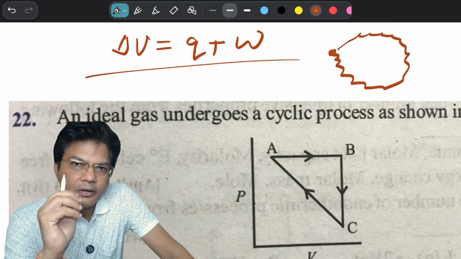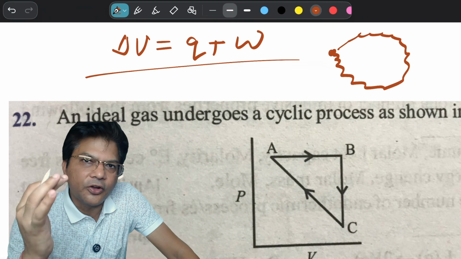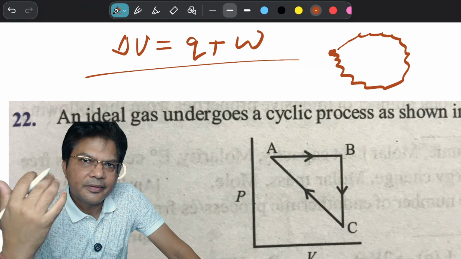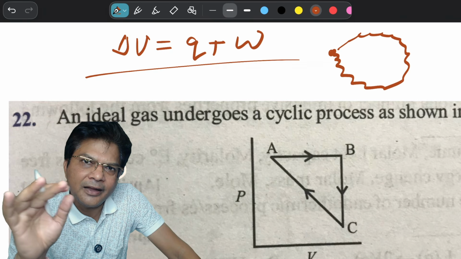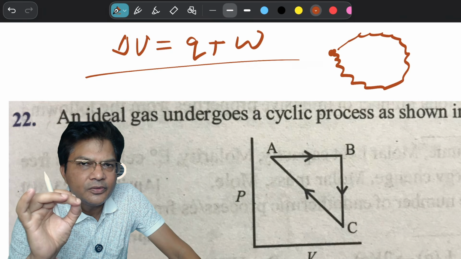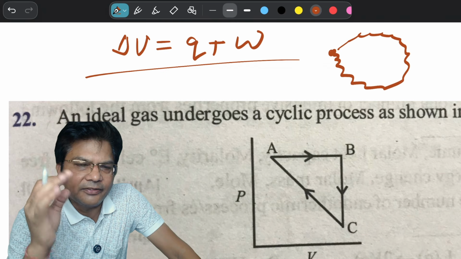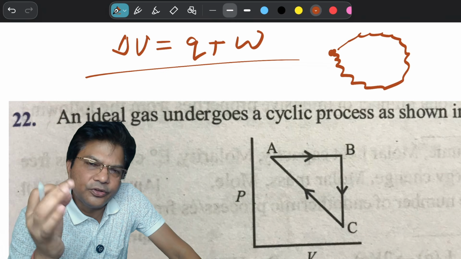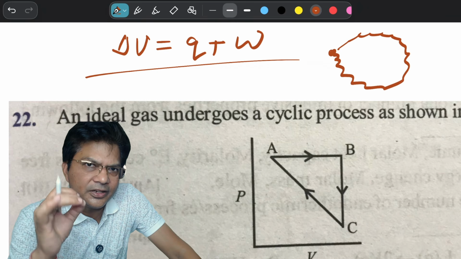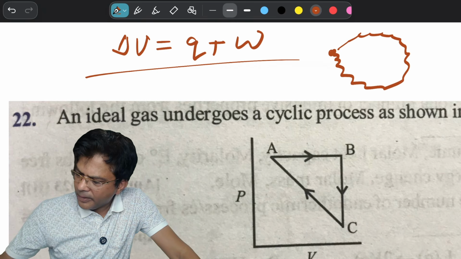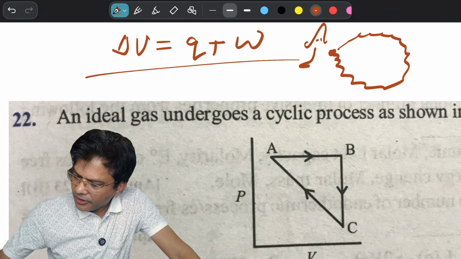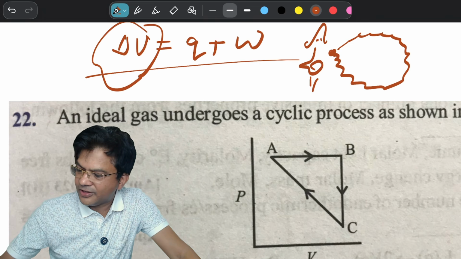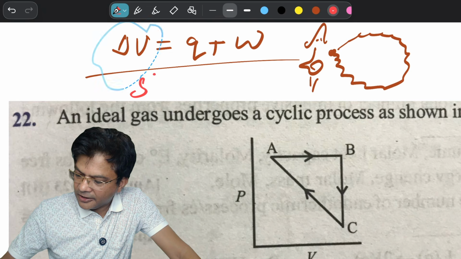Suppose Champa has earned a lot of money, she has become very, very rich, then she lost money, and after 2 years, in the starting she was having 1000 rupees, now also she is having 1000 rupees only. So the change in status where Champa is standing right now is zero. So this change in internal energy is just like change in status.